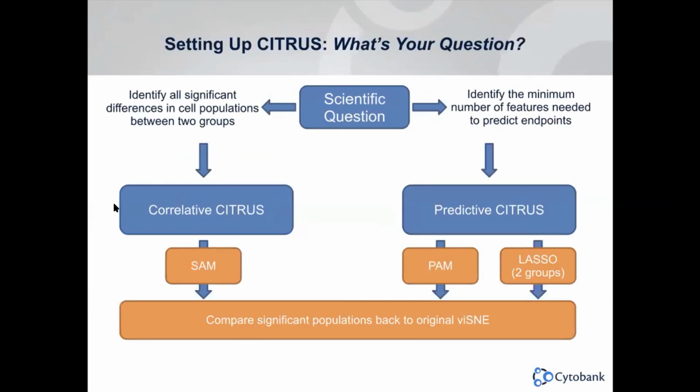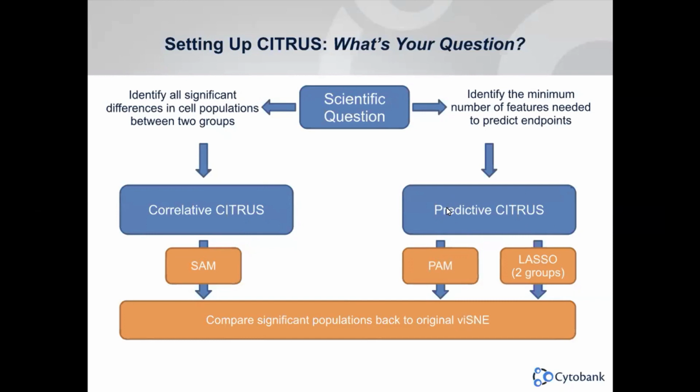Here's another slide showing which model you should choose when running Citrus. It depends on your questions. If you're trying to identify all the significant differences between your groups, you may run SAM, the correlative Citrus. Or if the question is to identify the minimum number of features necessary to predict the endpoints, like which sample belongs to which group, you may run the predictive model.